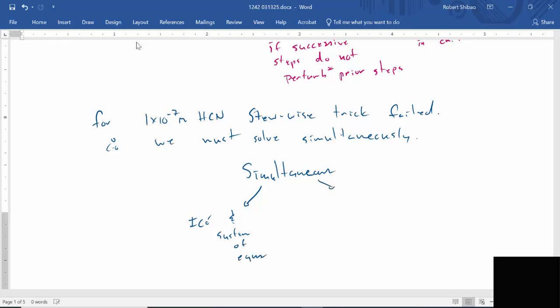The second method is ICE and mass and charge balance in system of equations.